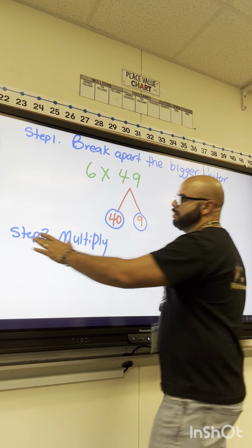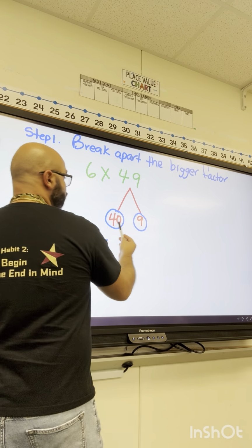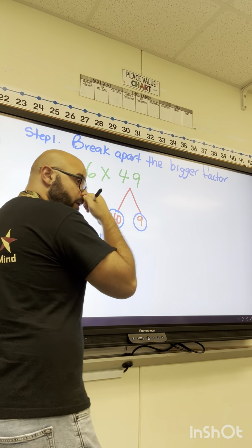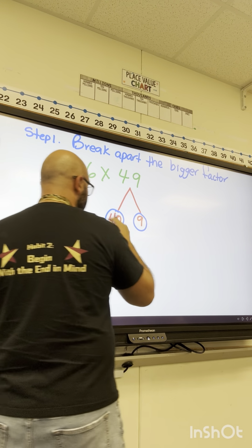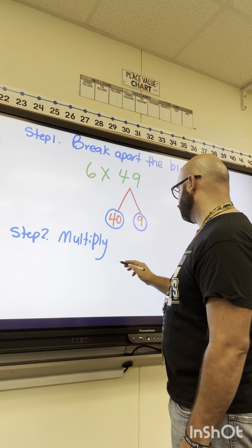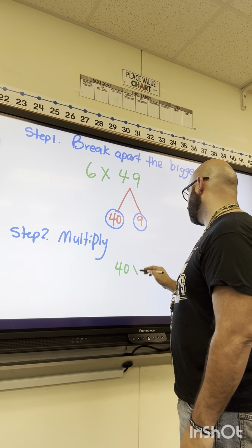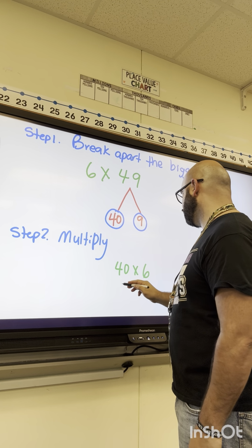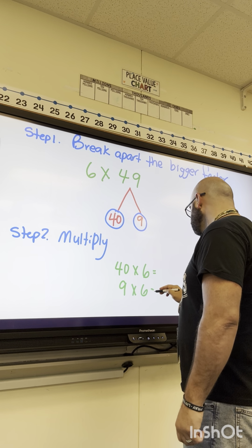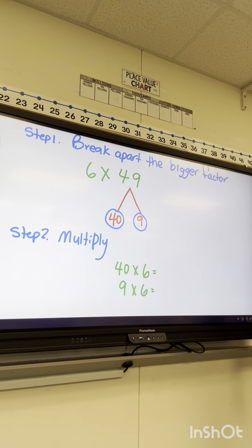Now we're going to take these 2 numbers that you broke the 49 into, and every number is going to have a turn with the 6. So 40 times 6, and then 9 times 6. And we're going to solve those.